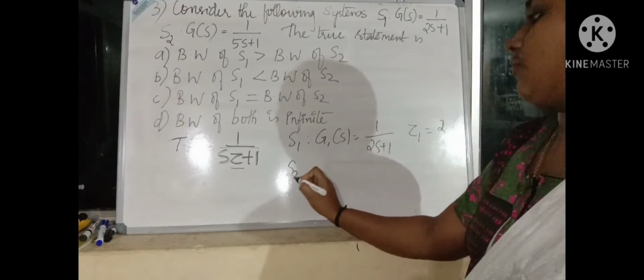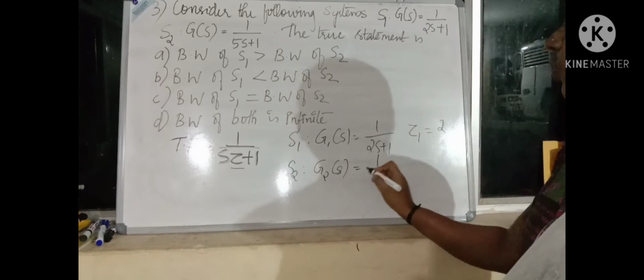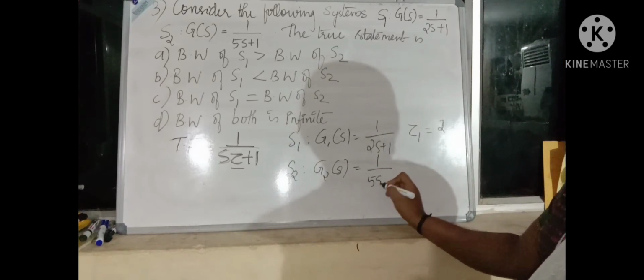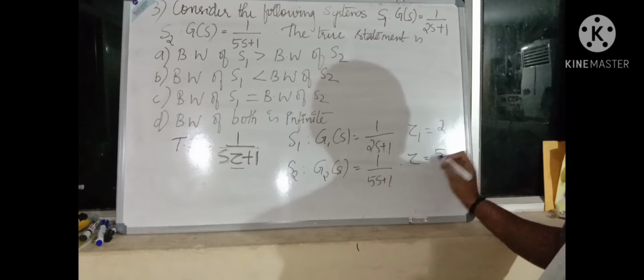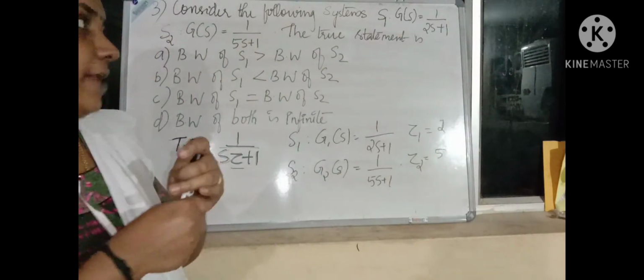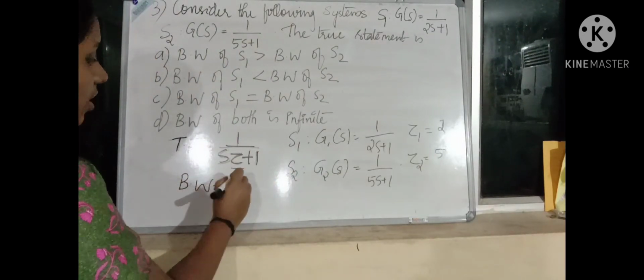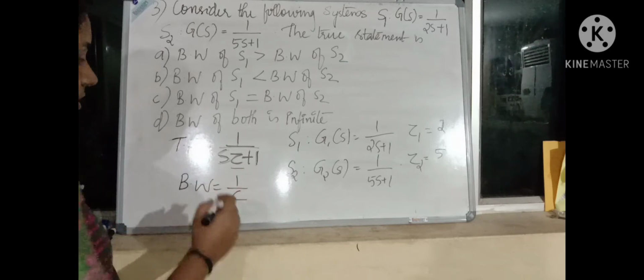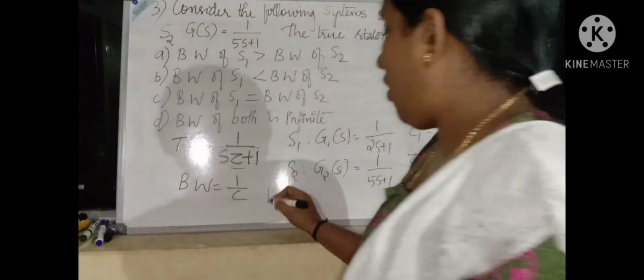And for system 2, the transfer function will be equal to 1 by 5S plus 1, and the time constant is here 5. Okay. We know the relation between the bandwidth and the time constant, that is bandwidth will be equal to 1 by tau, right?